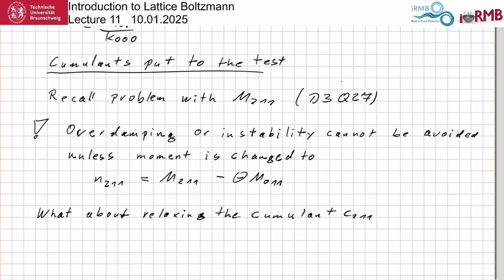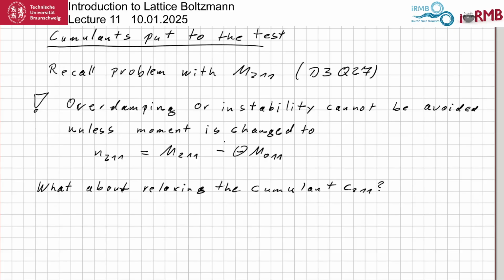We did not check whether it's Galilean invariant, but it was not. The cumulant is Galilean invariant, so it will not be the same. But will it be the same in the same frame? This here, of course, only works in the non-moving frame. So what would the cumulant do in the non-moving frame?